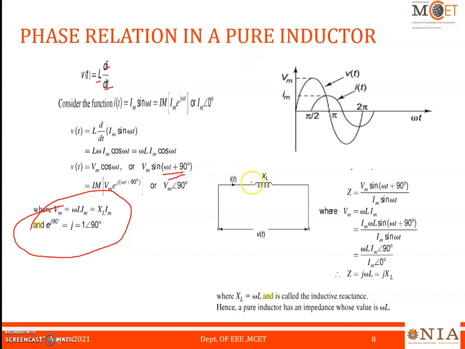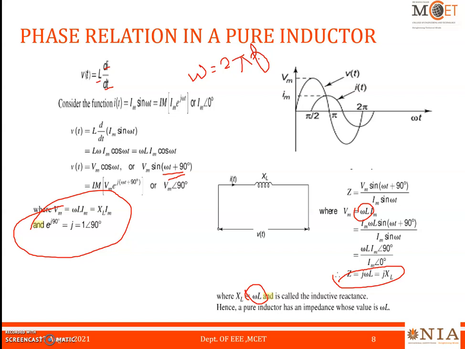Now omega L can be represented as XL. This omega L is called inductive reactance. So the pure inductor will have an impedance equal to omega into L, where omega is again represented as 2 pi f.